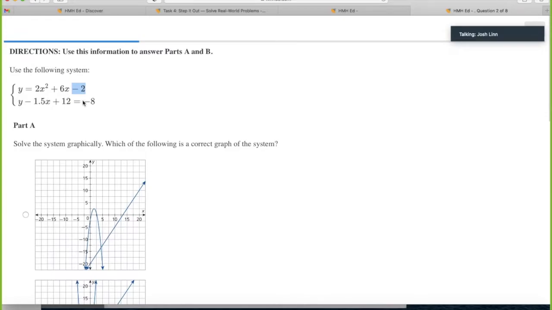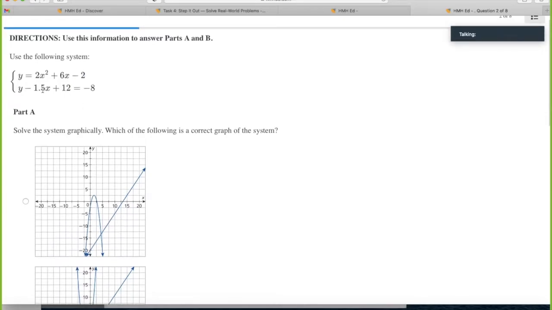So we look at our line. Y equals, okay, I'm going to change that to y because it's x plus b. So y equals 1.5x plus 4.